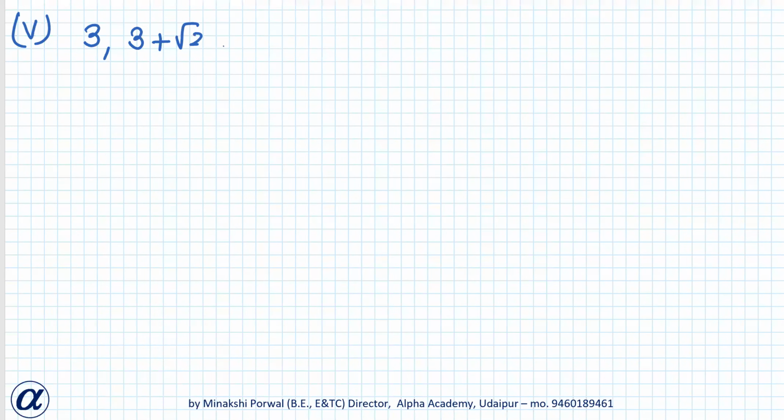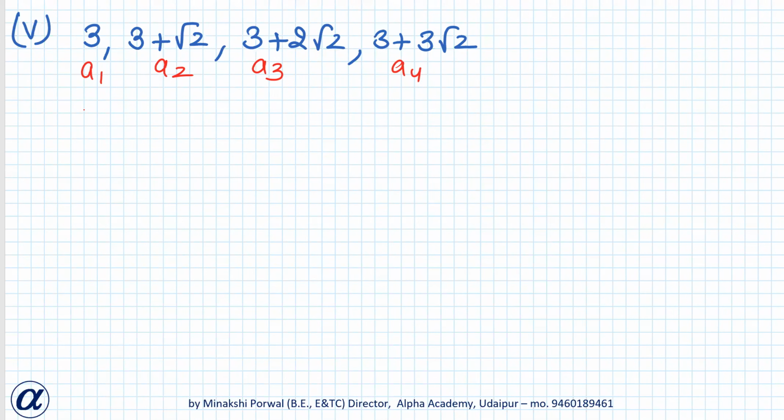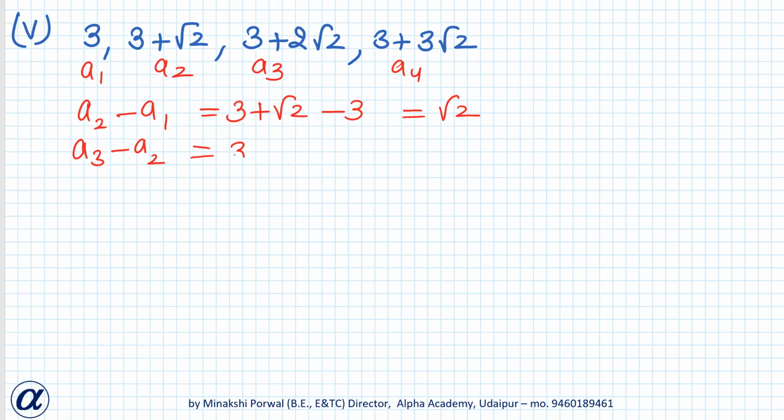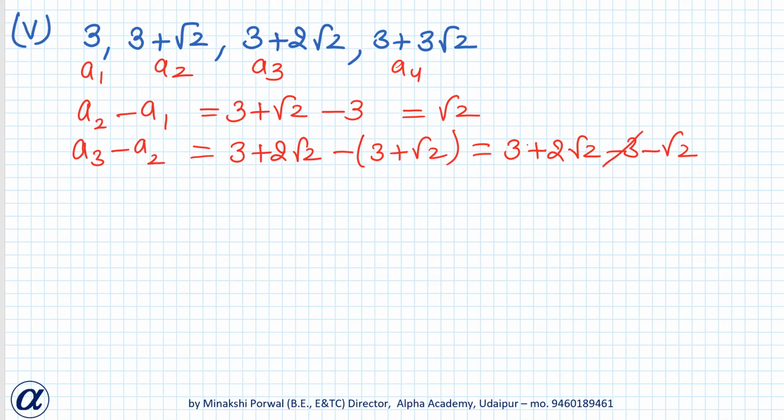3 plus root 2, 3 plus 2 root 2 and 3 plus 3 root 2. This is A1, A2, A3, A4. A2 minus A1, that is equal to 3 plus root 2 minus 3, so it is root 2. A3 minus A2, that is 3 plus 2 root 2 minus 3 plus root 2, so that is equal to 3 plus 2 root 2 minus 3 minus root 2. 2 root 2 minus root 2 is only root 2.